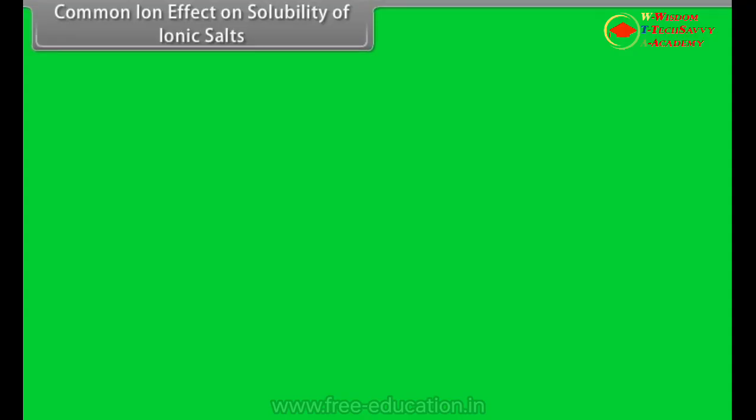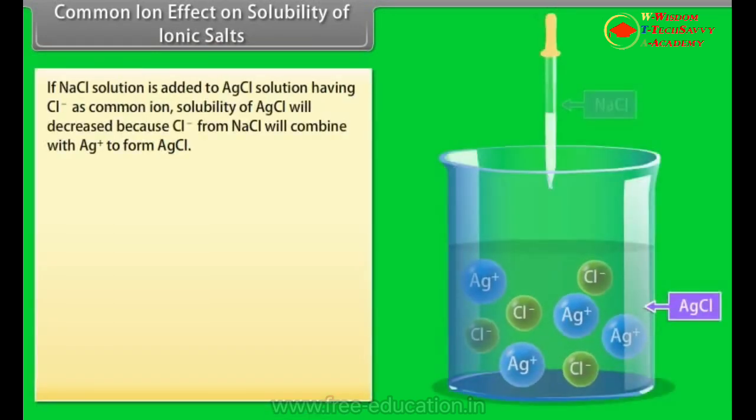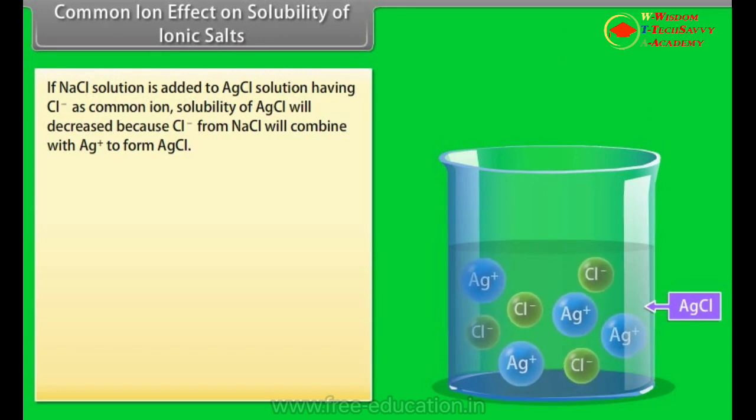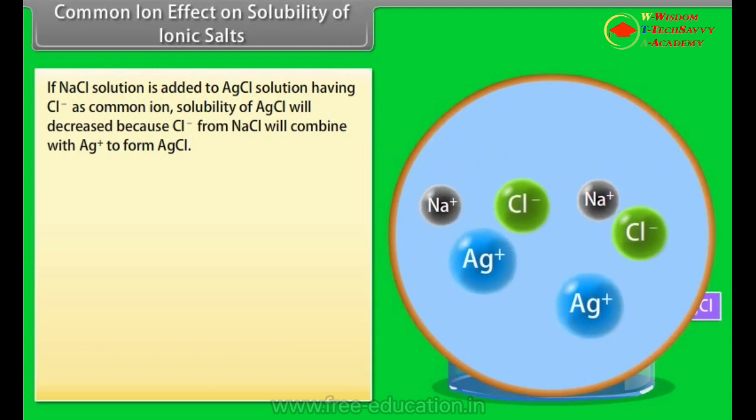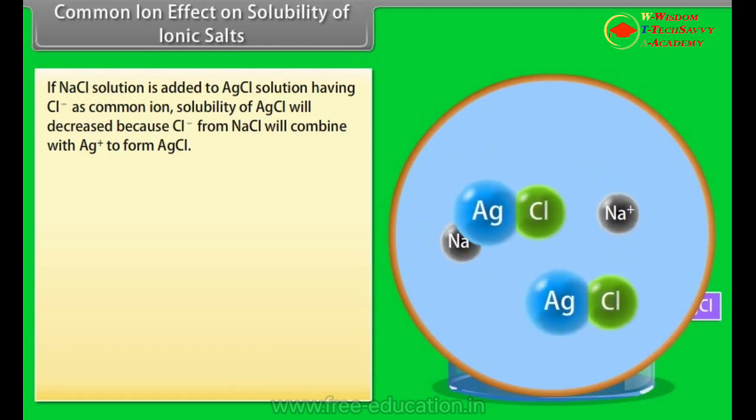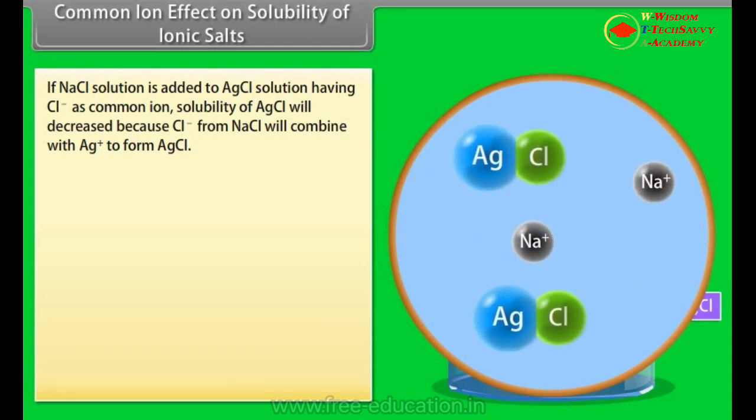Common ion effect on solubility of ionic salts. If NaCl solution is added to AgCl solution having Cl- as common ion, solubility of AgCl will decrease because Cl- from NaCl will combine with Ag+ to form AgCl.